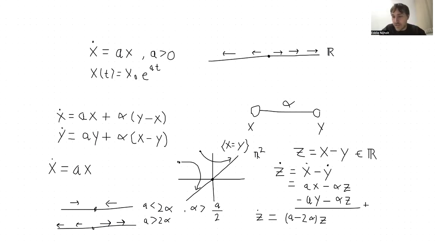And this is going to be the running theme of this class, this idea of synchronization. So I have systems, maybe easy systems for each of the nodes. They may have behavior that's not that interesting. In this case, everything goes to infinity, but it could also have been that it all just goes to some boring steady state point.